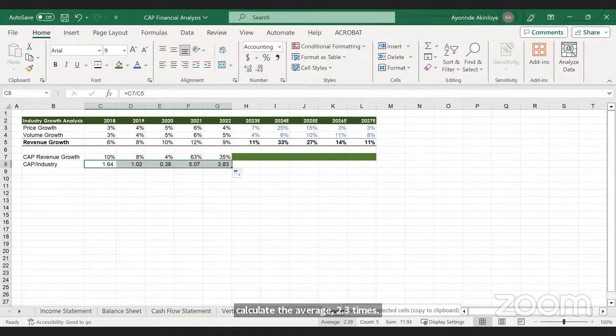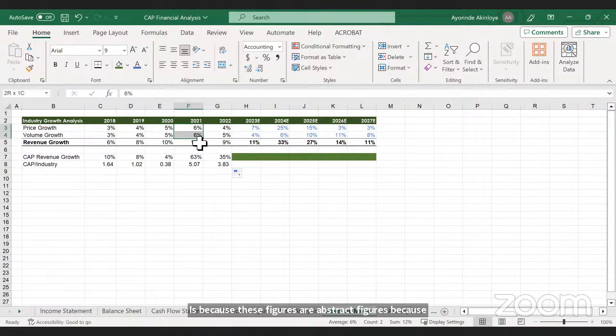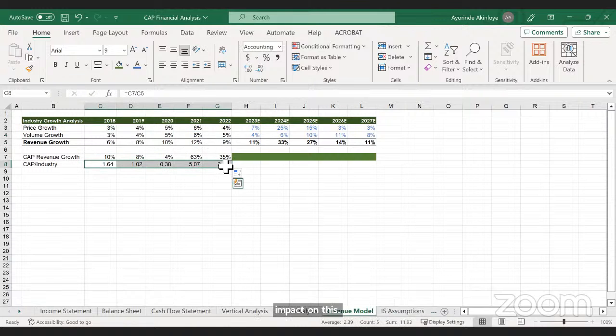Remember, the reason you have these kinds of wild figures is that these figures are abstract. I'm sure in this kind of year the industry growth will definitely be more than 12%, because whatever price increase CAP did will definitely have an impact on the total industry figures. But let's continue using this assumption. I'm just using it to teach you a thought process regarding how you can forecast for CAP.